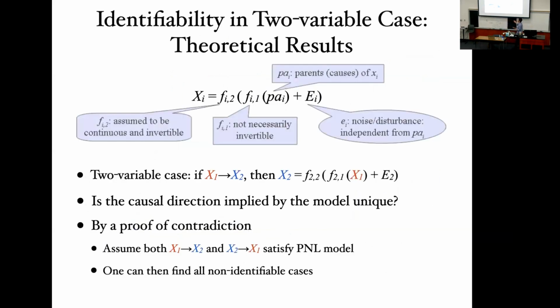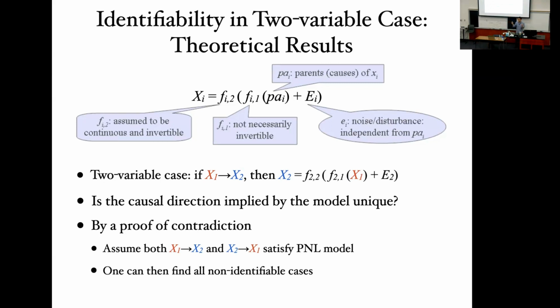This is the identifiability guarantee. We have a standard way to establish identifiability of causal direction. Given the distribution for x1, x2, or given the data, you try to see if the direction goes from x1 to x2. If this is the true direction, you want to see whether in the reverse direction you can still find independent noise.